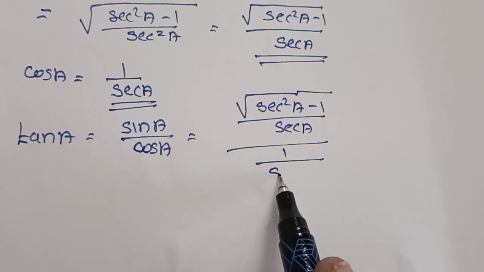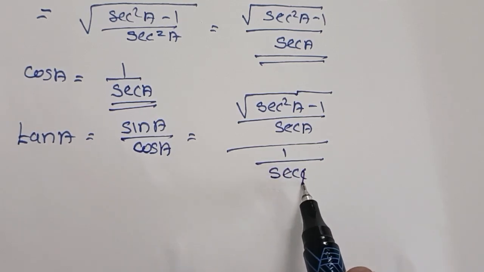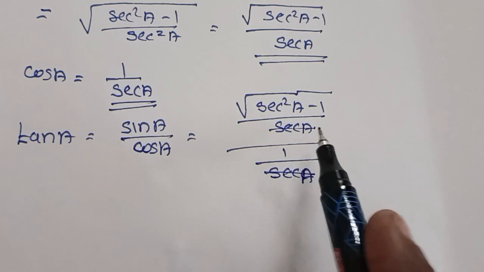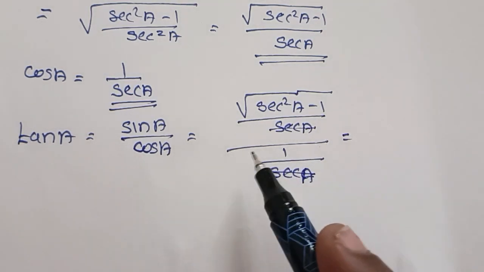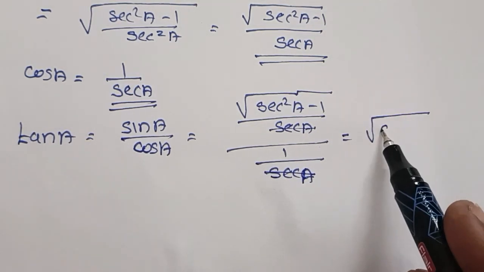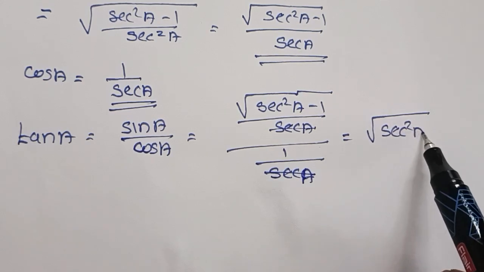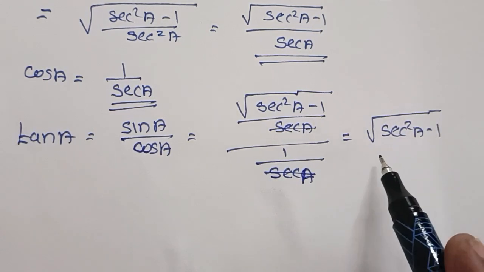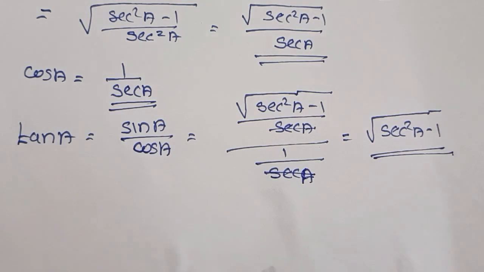Divide by 1 by sec A. These two get cancelled. After that we get tan A equal to root of sec square A minus 1.